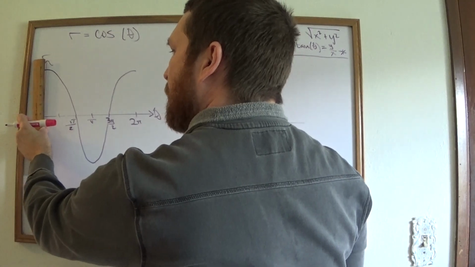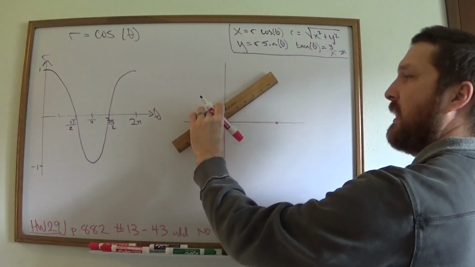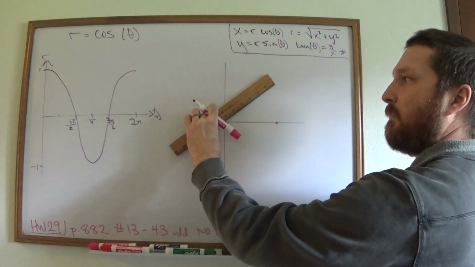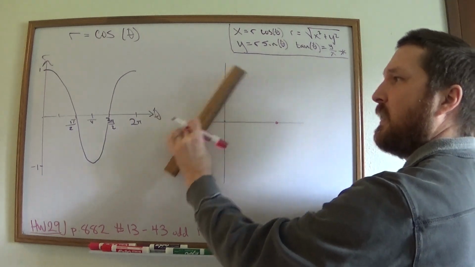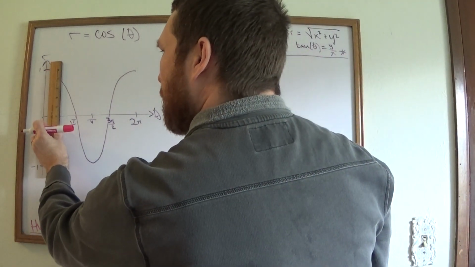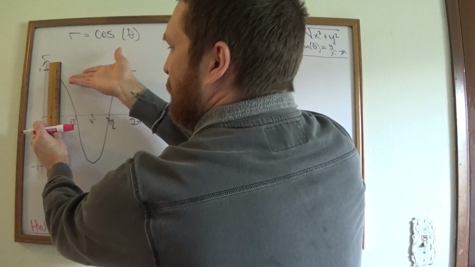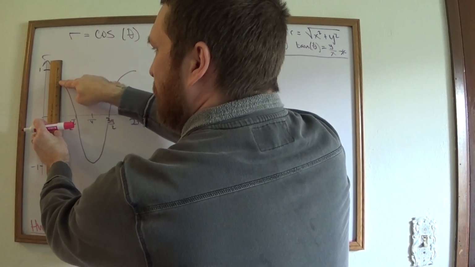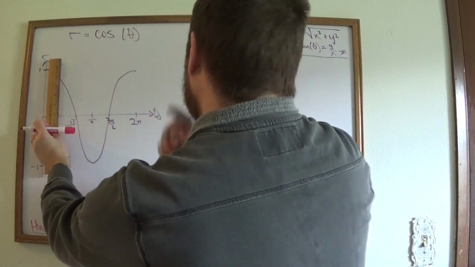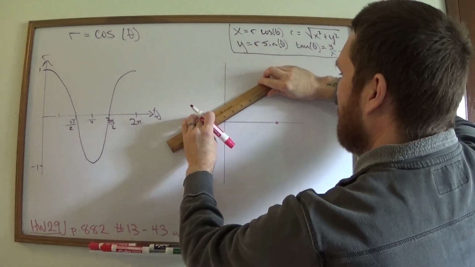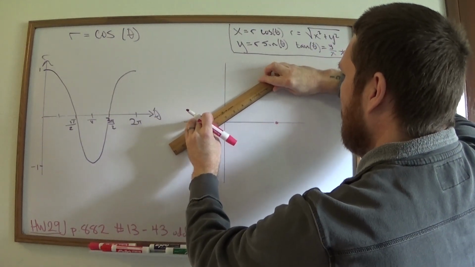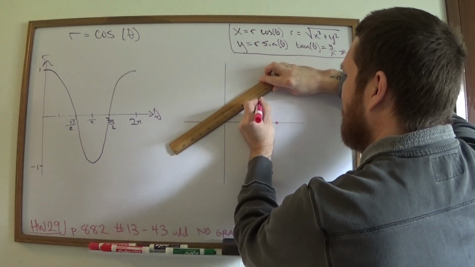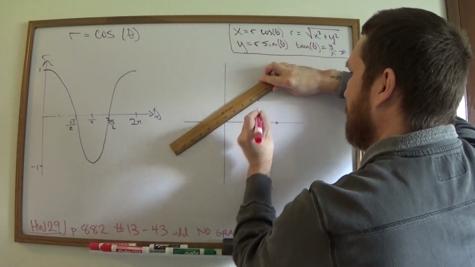After pi over 4 seconds, I know that my theta should be here at pi over 4 radians. And we can see that right about there it's at, and I haven't drawn this perfectly, but it's about at 1/4 right there. So by the time it has gotten to here, it should be about here. I could put a dot right there.